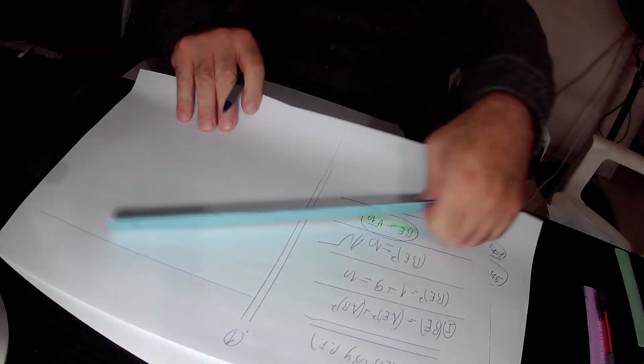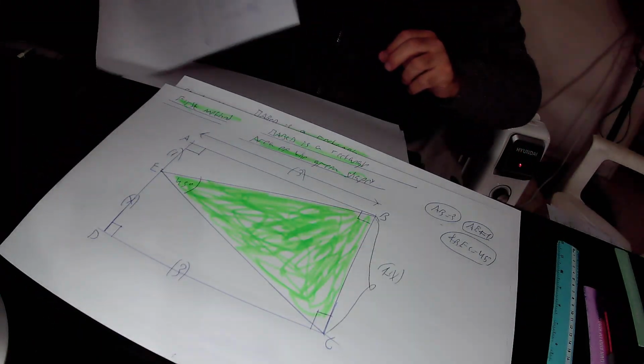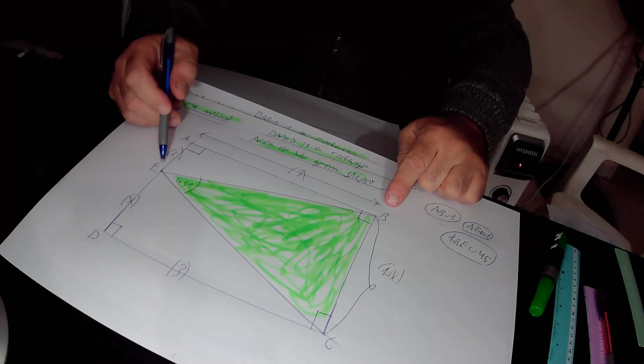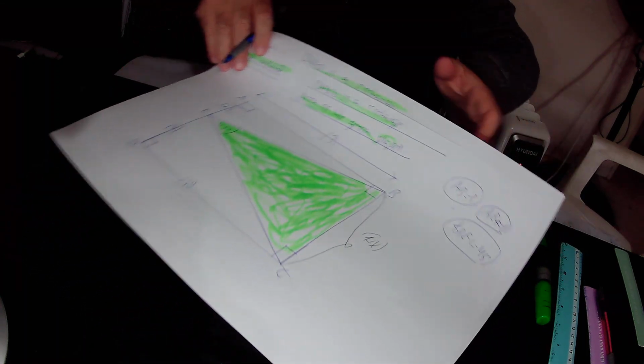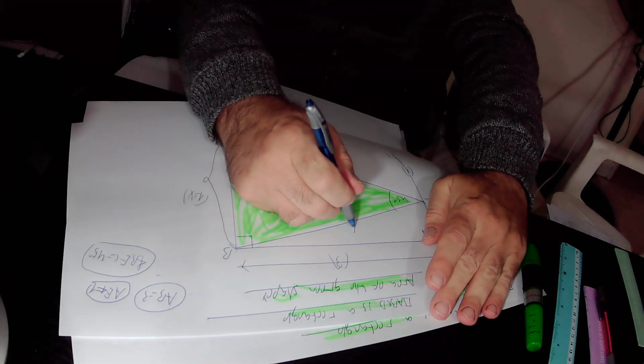And again, we found that the missing hypotenuse BE of the right triangle ABE equals the square root of 10 units in length.